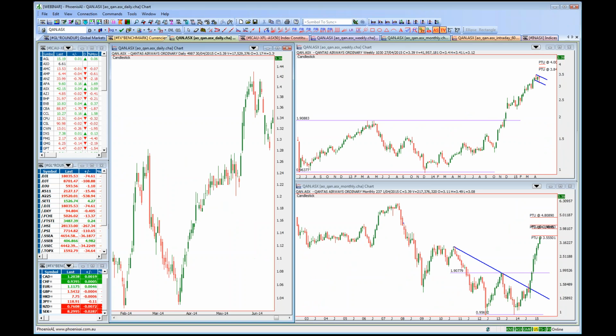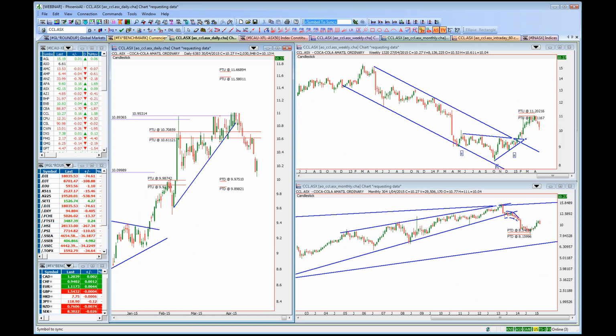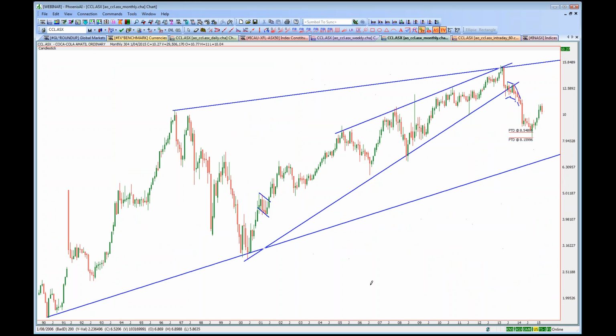CCL. Again on a monthly. Doesn't really give us much. It really doesn't, so go to the weekly.